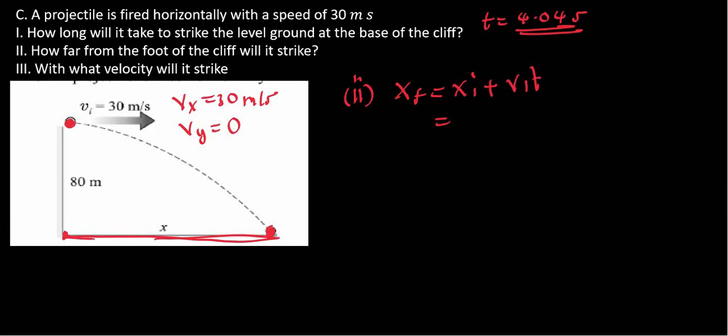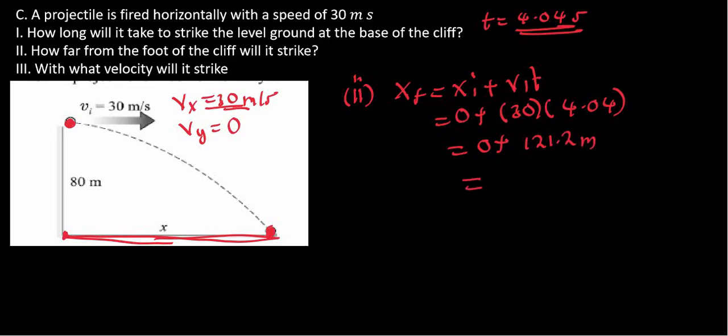What is the initial displacement in the x-axis? It is 0. How about the initial velocity in the x-axis? It is 30. What's the time? 4.04. So 0 plus, when you multiply, you get 121.2 meters. This is the final displacement they are looking for.